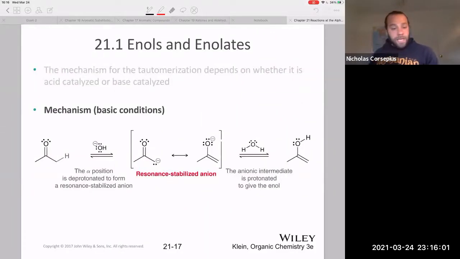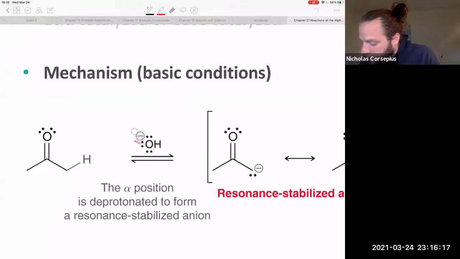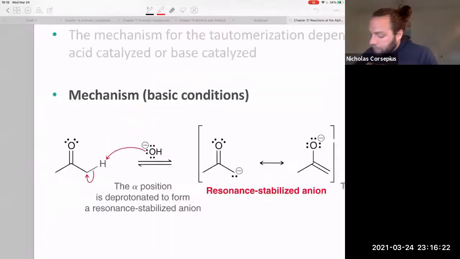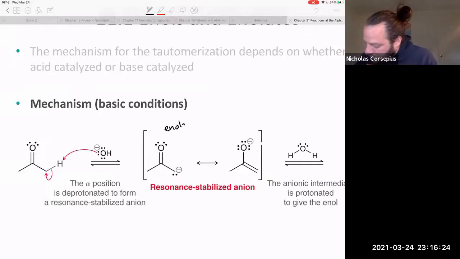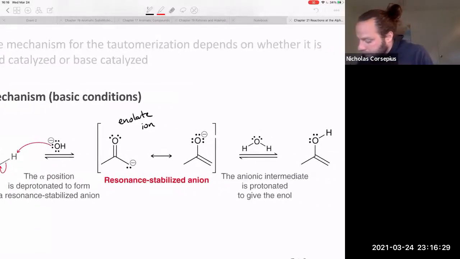Okay, base catalyzed. So again, this could be either acid or base catalyzed. Typically, under basic conditions, we won't see the enol playing a major role. It'll be that enolate ion, but nonetheless, let's make sure that we know how to do these mechanisms. The first step here is going to be the removal of that hydrogen, forming first an enolate ion, and then through resonance, that negative charge can bounce up onto the oxygen.